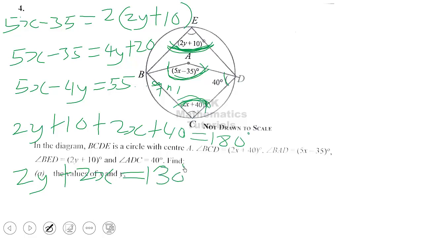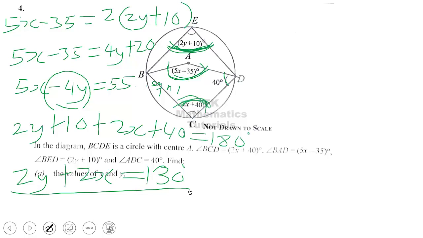Good. Now I'm going to multiply through by 2. The reason I'm doing this is that I'm seeing negative 4y here. So when I multiply through by 2, I'll get something that, if I add it, will get rid of the y.